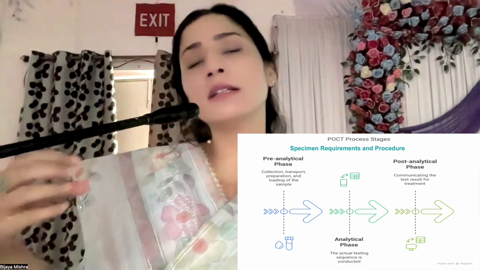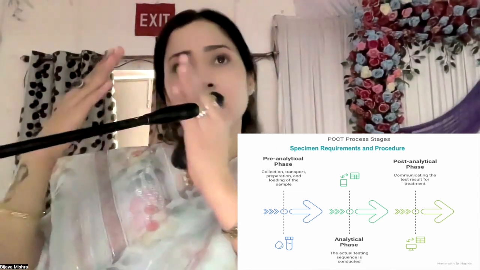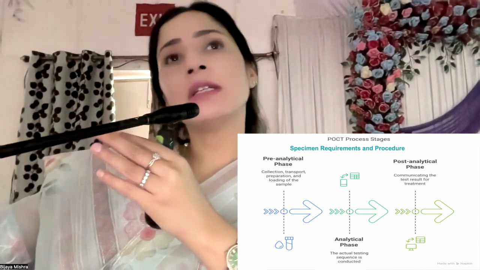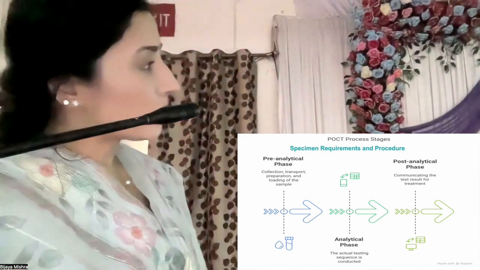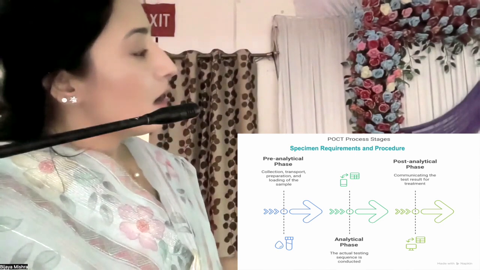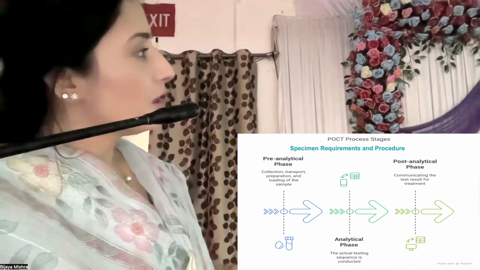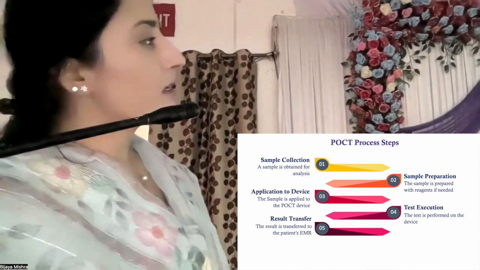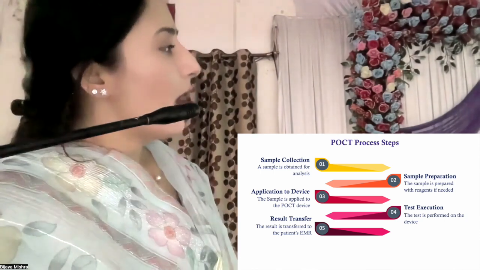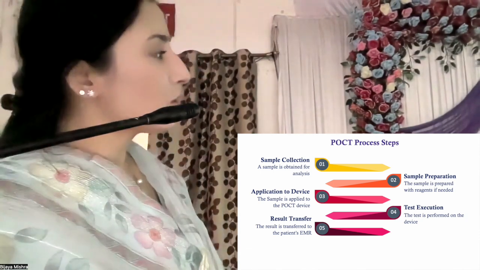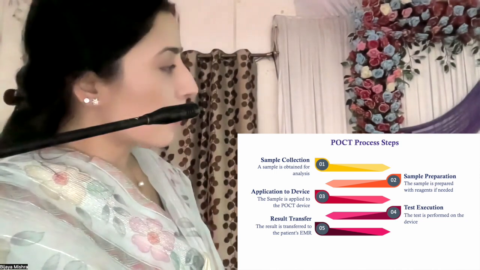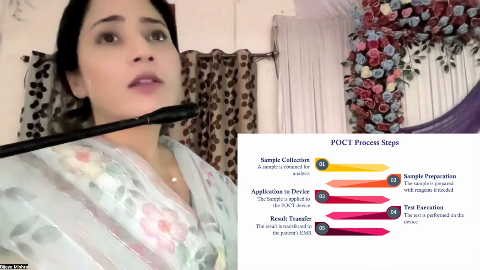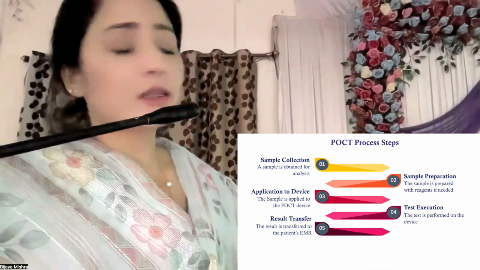So the post-analytical phase is from once the report is there in the machine till we give that report to the treatment team. First, the sample is collected for analysis and prepared, then the sample is applied to the device, then the test is run and the result is transported. This is the overall process associated with the POCT device.